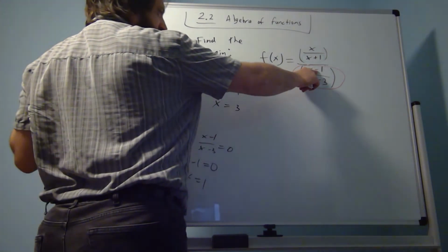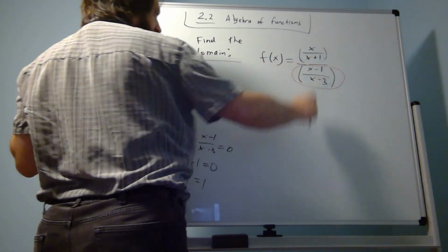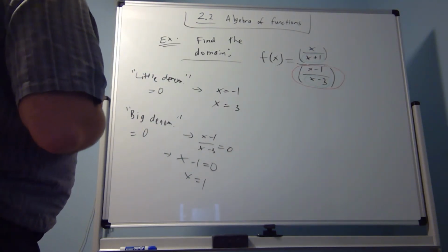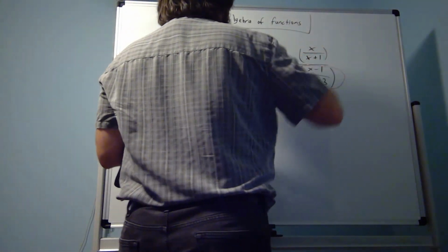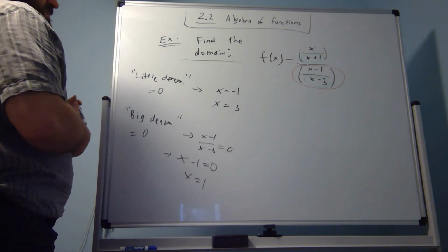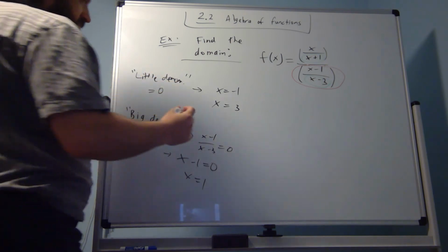The big denominator can be 0 because x minus 1 is 0, or the little denominators could be 0 as well. And even if these were both x plus 1 and even if they were to cancel after you simplify, well, the original expression had you dividing something by 0, which was not allowed, which is what's really important.